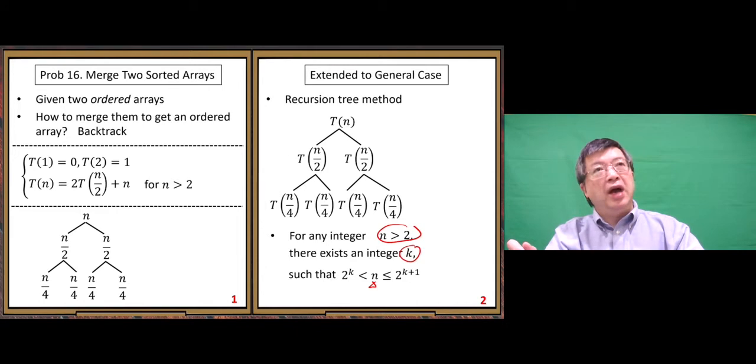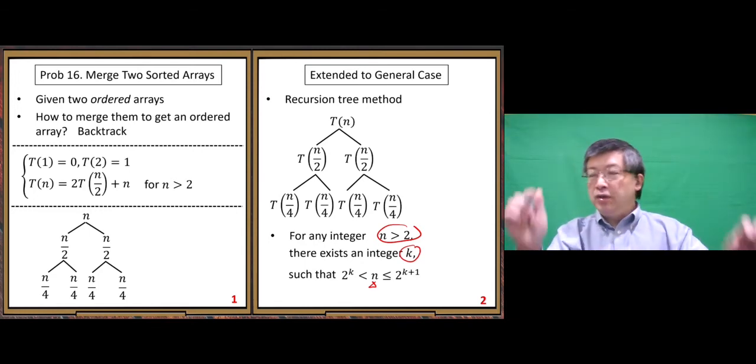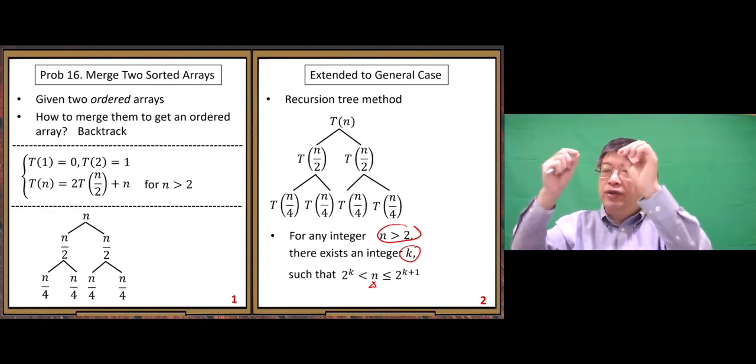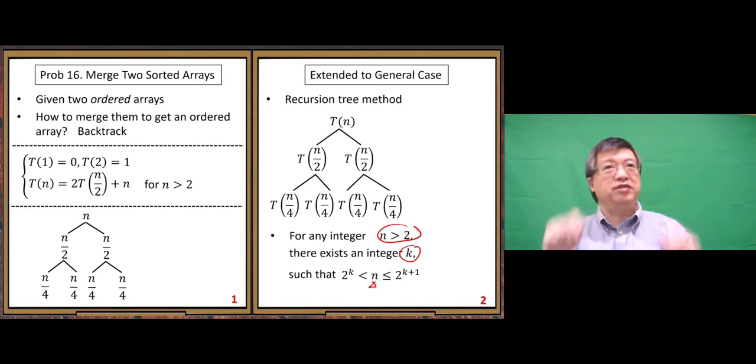In other words, for any positive integer greater than 2, we can always find two adjacent powers of 2 to cover this integer.